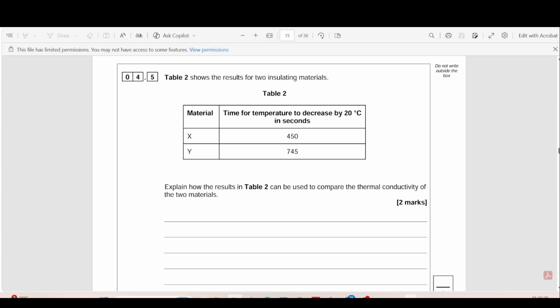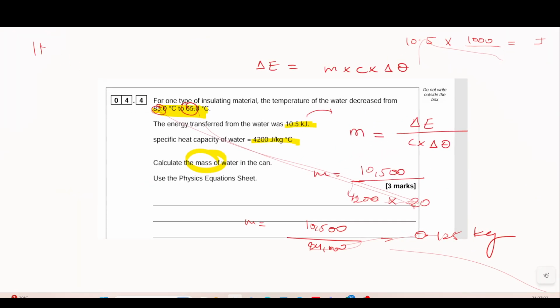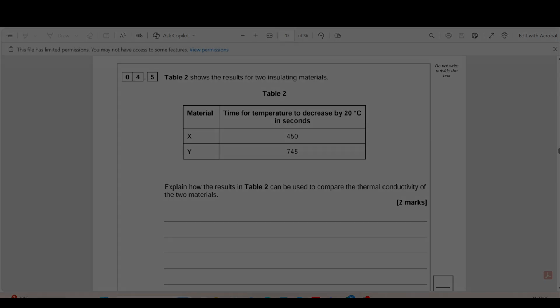Why? Because it takes a larger amount of time, it takes longer for the temperature to decrease by 20 degrees compared to material X. So this means material Y is a better insulator because it has lower thermal conductivity, right? Did you write the answer? Okay, then we can move to the next.